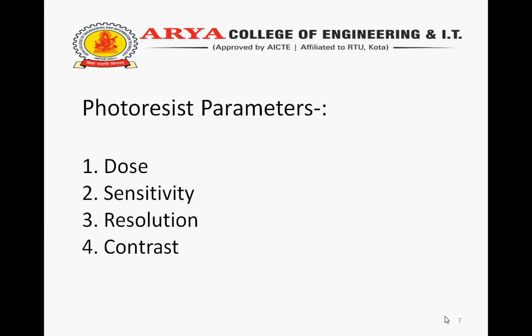Gamma is also given as gamma equal to 1 upon beta plus alpha Tr. Beta is the dimensionless contrast, alpha is the optical absorption coefficient of the photoresist, and Tr is the resist thickness.